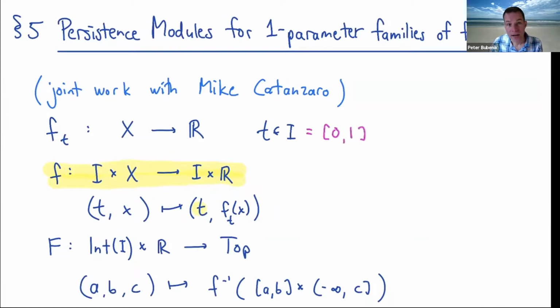All right, and now we have this diagram of spaces indexed by intervals of I cross R. For any closed interval in the unit interval, so any closed interval AB, and any real number C, we look at the inverse image of their product, which is a semi-infinite strip. So what does that look like?